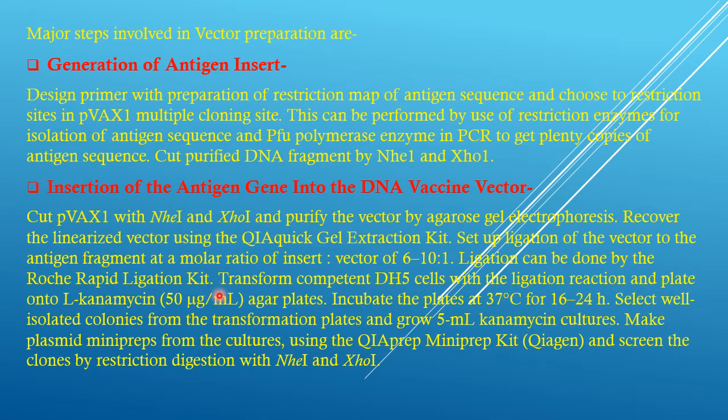Those strands should be ligated, and when we cut this plasmid we have to incorporate our gene of interest. That sequence can be added by this rapid ligation kit. Then transform competent DH5 cells with the ligation reaction and plate onto L-kanamycin.